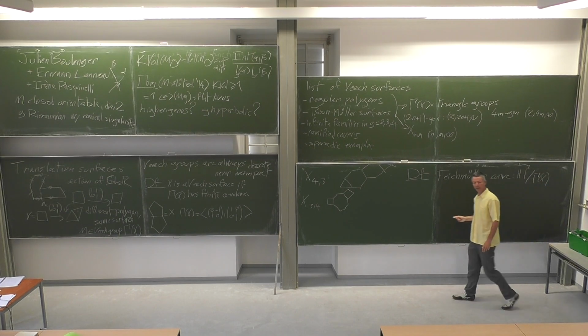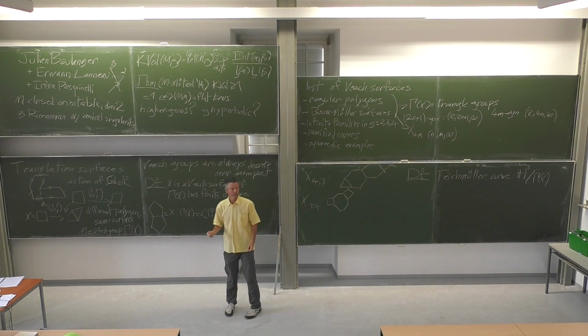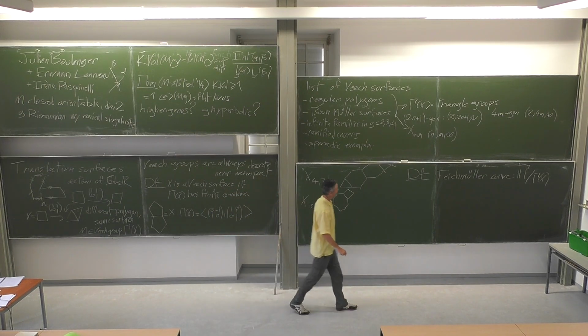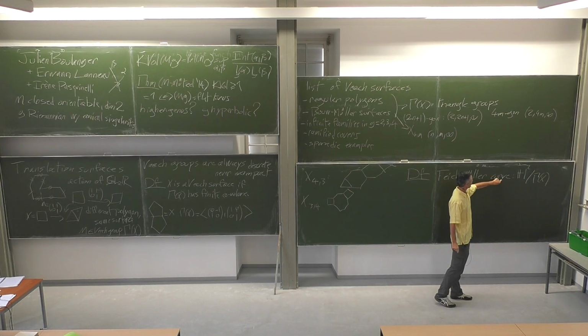So which surfaces are the surfaces for which the Teichmüller curve has finite volume. I call this the Teichmüller curve, and the Teichmüller disk is the lift of this in the Teichmüller space. So you can view this as a subset of the moduli space of complex structures on the corresponding genus, and you can lift it to the Teichmüller space, and then you get a Teichmüller disk.